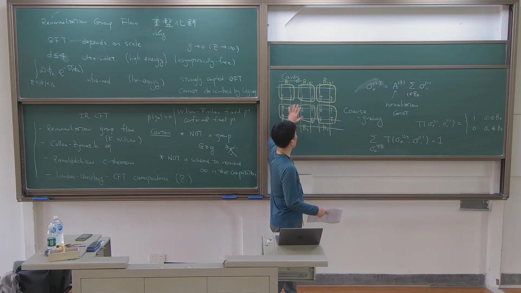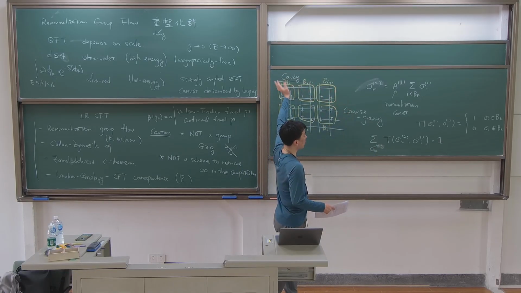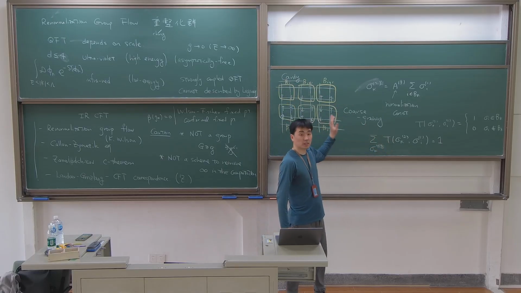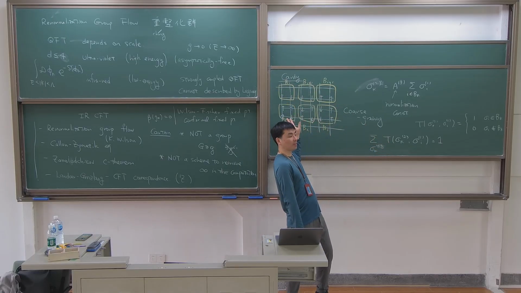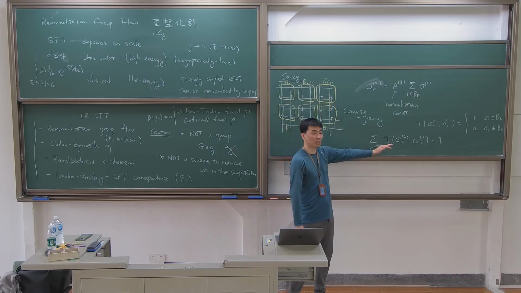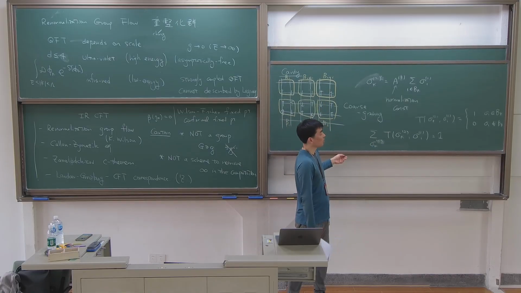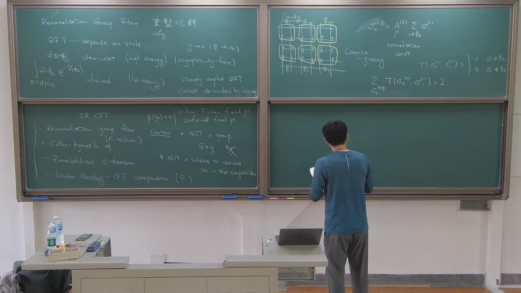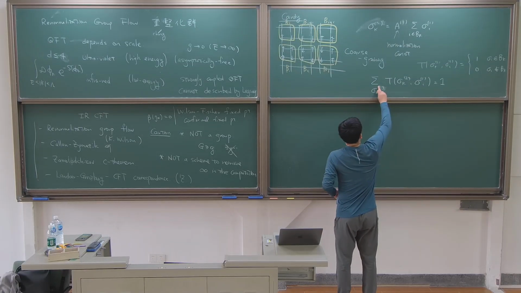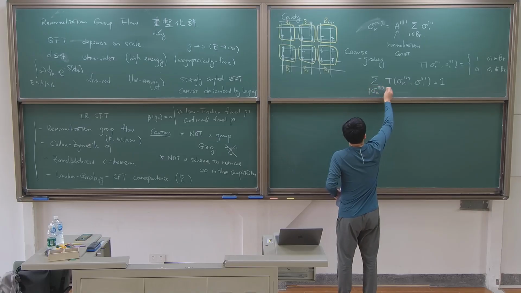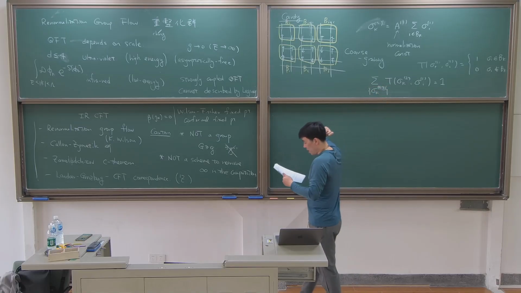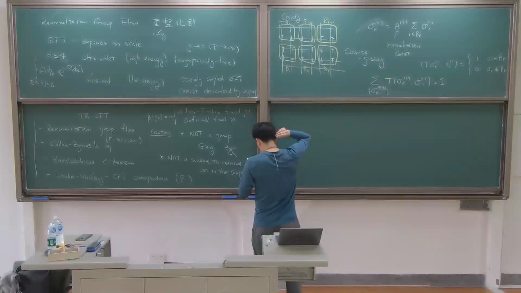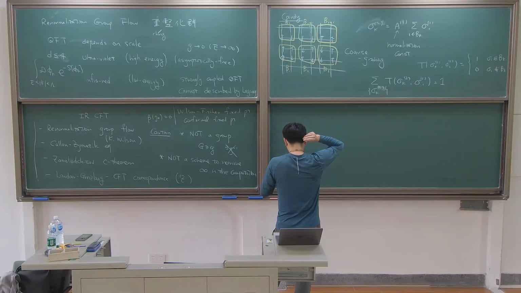If you just sum them up over all the blocks, you should get 1. That's the condition. So if you introduce this kind of weight operator, one can consider the following thing: the effective Hamiltonian.